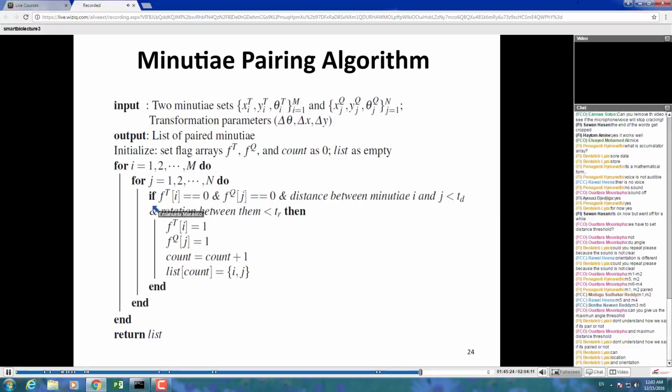And visually, as we saw, for example, here, we consider minutia 1 and 2 paired. Why? Because the distance between the locations is less than a distance threshold. It's very small, right? For example, it can be 10 pixels. It depends on how tolerant we want the system.